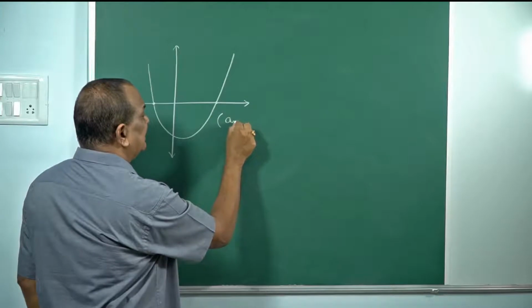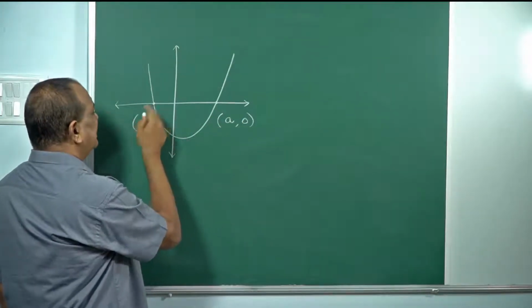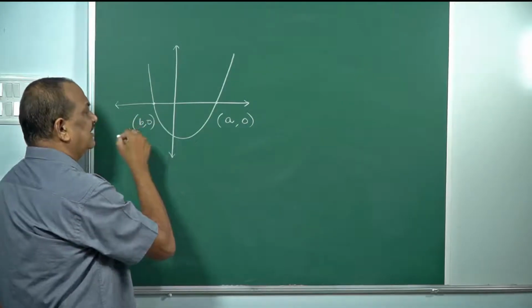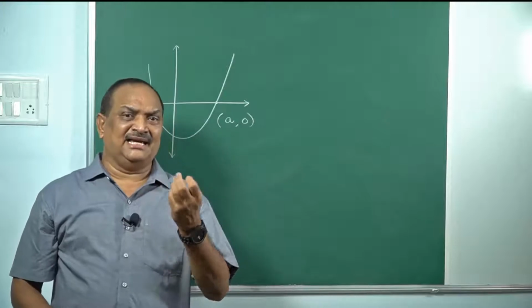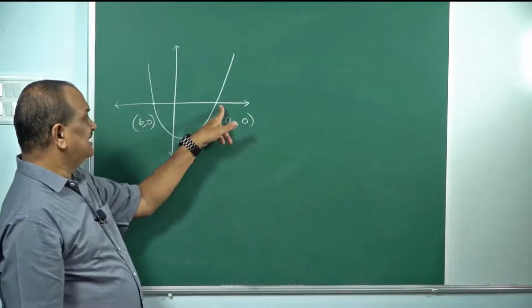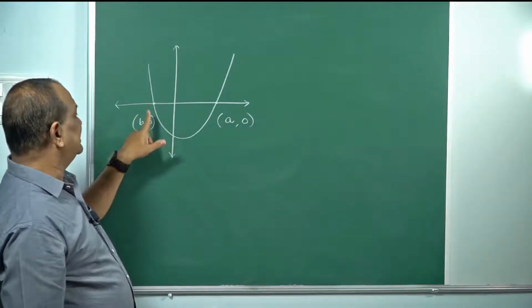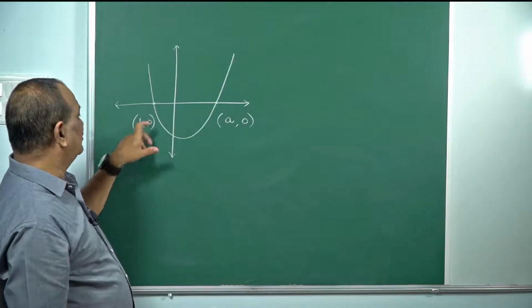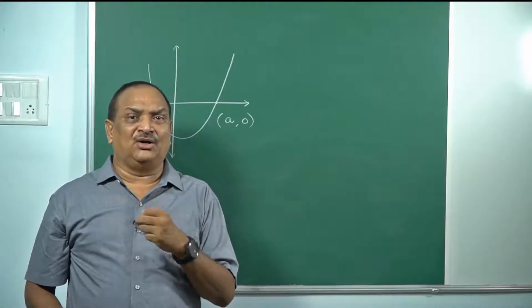I just get some a and 0. So I get some, say, b and 0 here. So for two values of x like a and b, the y becomes 0 because on the x-axis the y coordinate is 0. This is also on the x-axis, y coordinate is 0. So there are two zeros for this polynomial.